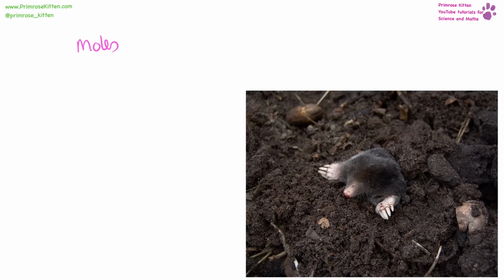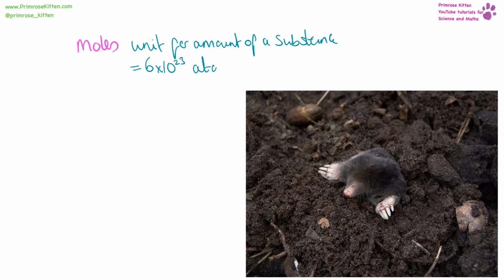A mole is not a rather cute blind black furry thing, but it is the unit for the amount of a substance, and that is going to be 6 times 10 to the 23 atoms, ions, or molecules.